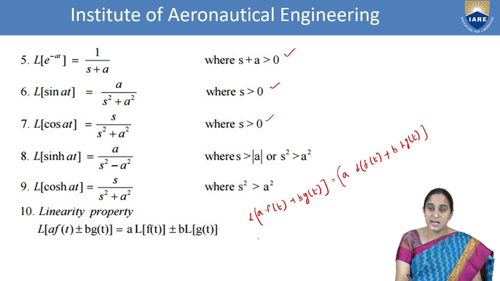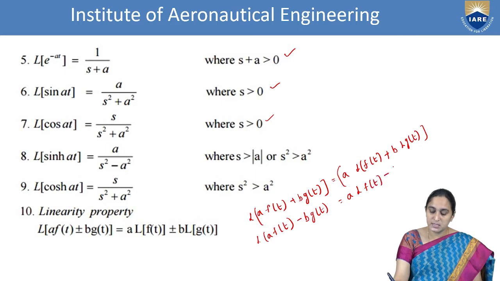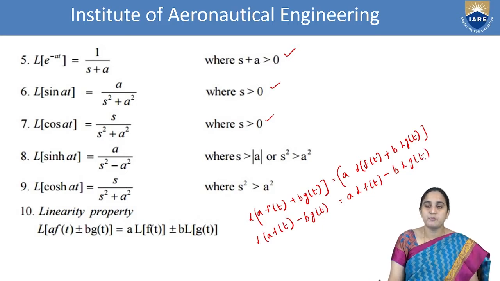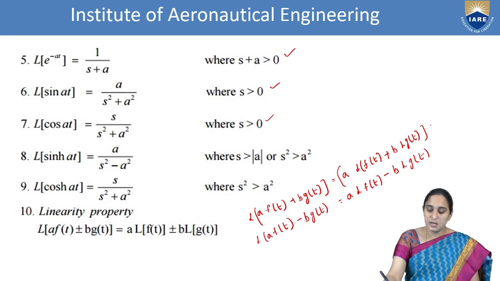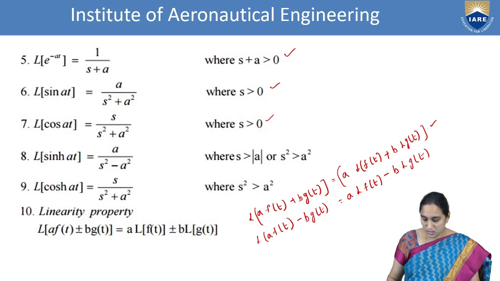And one more, Laplace of a into f of t minus b into g of t is a into Laplace of f of t minus b into Laplace of g of t. These two are the linear properties of the Laplace transform, one with respect to plus, and the other one minus.